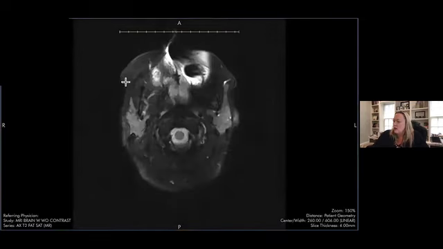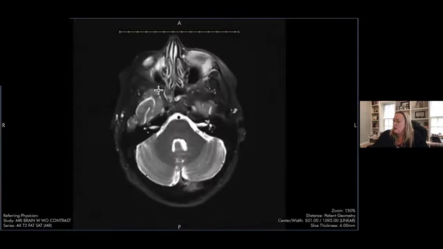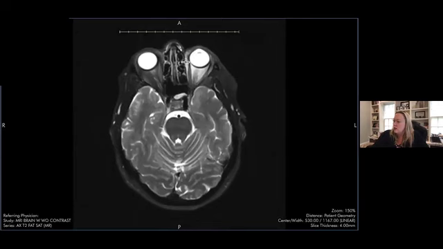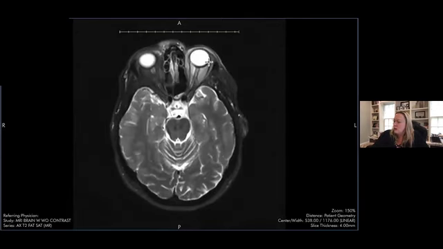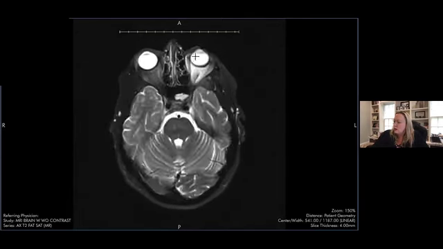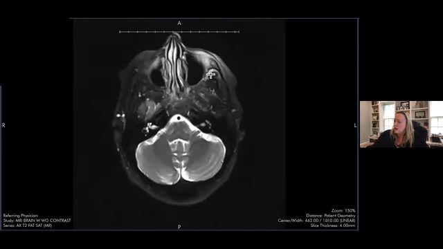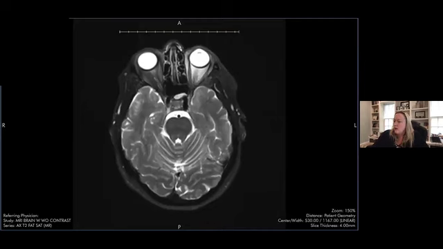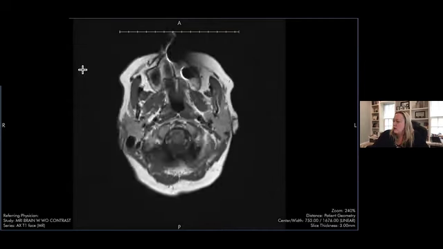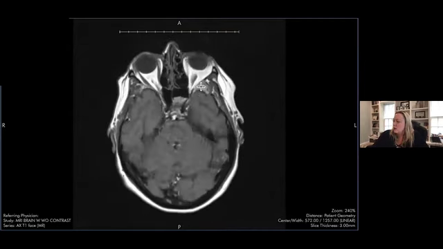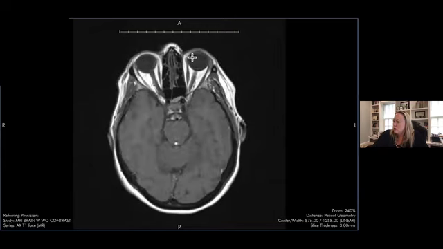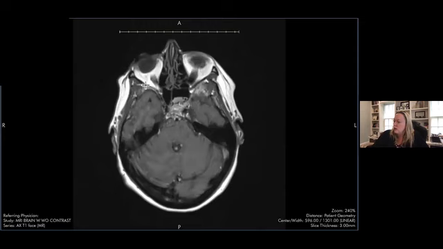Here we have a T2 fat sat image, and similarly on the T2 weighted images, the areas that are enhancing again look like a transspatial infiltrative T2 hyperintense enhancing mass. However, when you go to the T1 weighted images, there's really no abnormal soft tissue in the orbit. It looks pretty uniform.